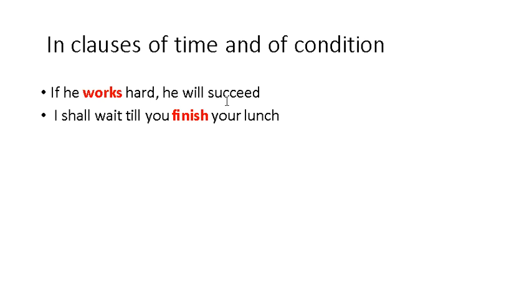The result will be the success and the cause will be the hard work. In these conditional sentences, cause and effect clauses are associated with one another, but there is a tense link. For example, the effect is in future and the cause is in present.